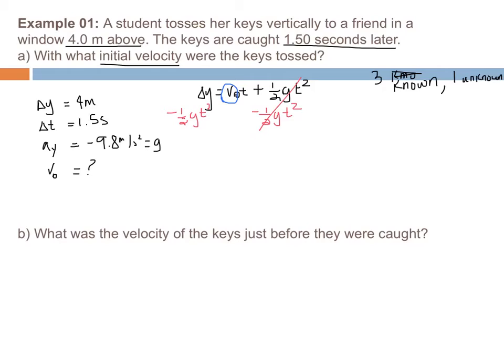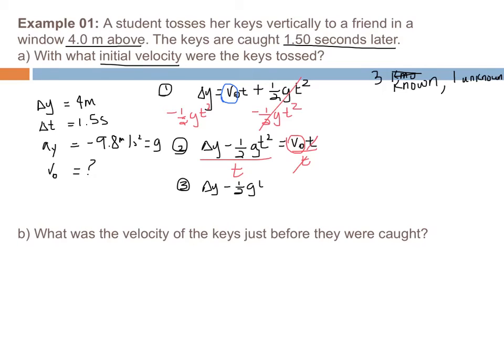So this is step 1, this is step 2. Now our equation looks like this. Negative 1/2 g t squared is equal to v naught t. Again, next step, I'm trying to solve for initial velocity. So I divide by time, divide by time. And I have every single piece on the left-hand side.